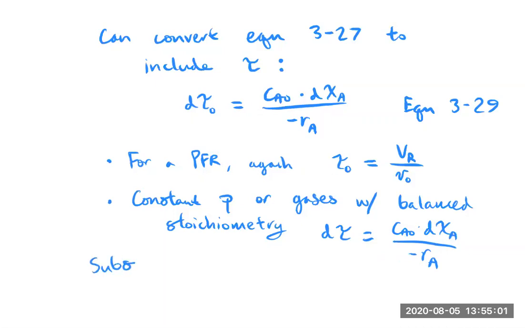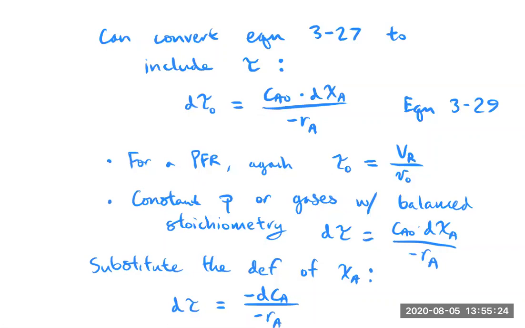Substitute the definition of XA, and that gives us d tau equals minus dCA over minus RA. If you're wondering where the dCA came from, I'm just relating conversion back to CA, and that's also how the CA naught cancels out, and where the minus sign comes from.